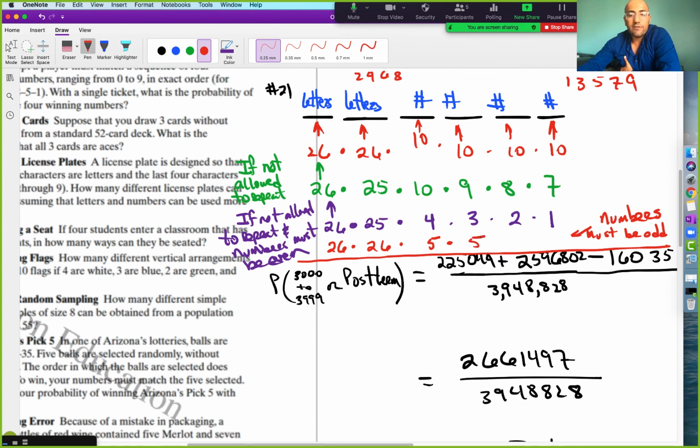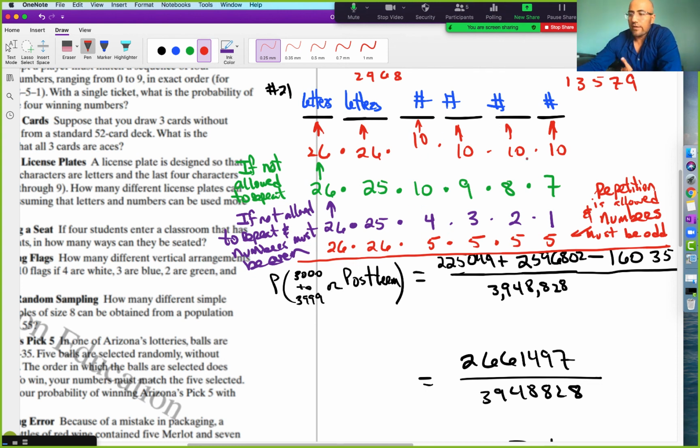So there's 5 ways to choose the second one, and 5 ways to choose the next one, and 5 ways to choose the last one. So 26 times 26 times 5 times 5 times 5 times 5 would be the number of ways in which we can choose our license plate if repetition is allowed and the numbers must be odd.